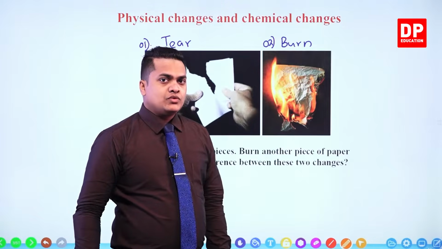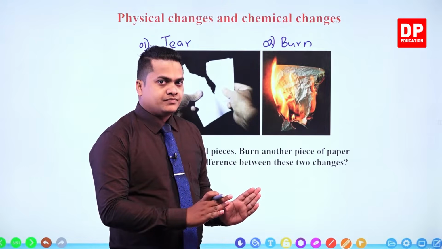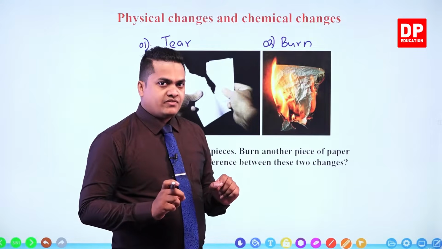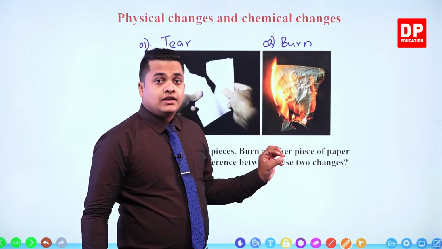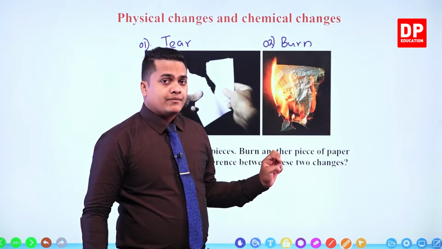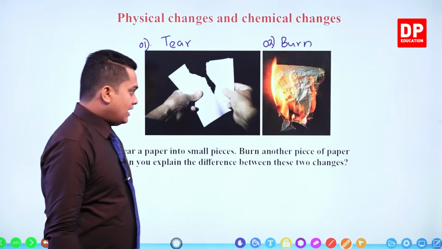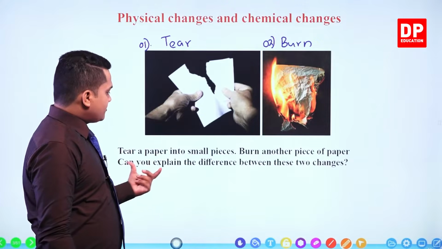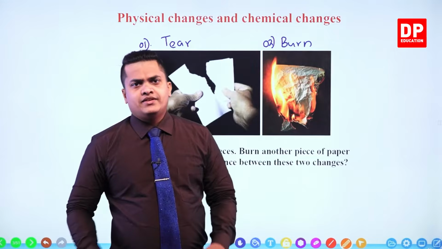So these are the two changes that we are going to do for the same piece of paper. I'm going to take one piece of paper and burn it. I'm going to take another piece of paper and tear it into small pieces. So you are being asked a question. Can you explain the difference between these two changes? Can you explain the difference?